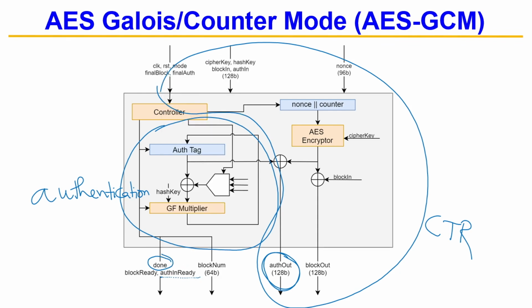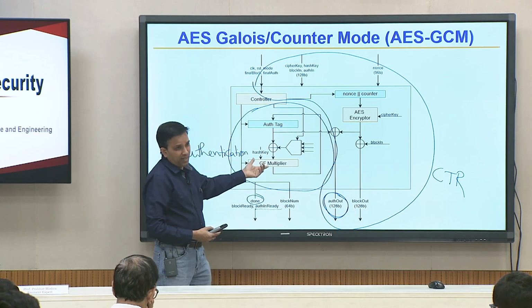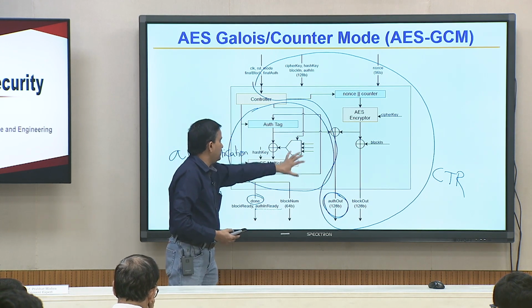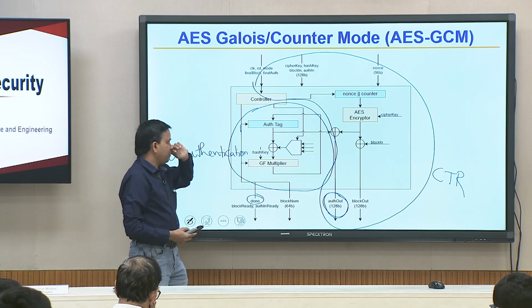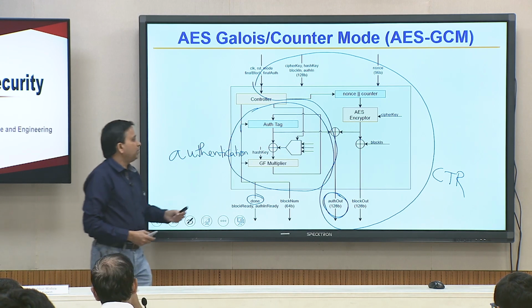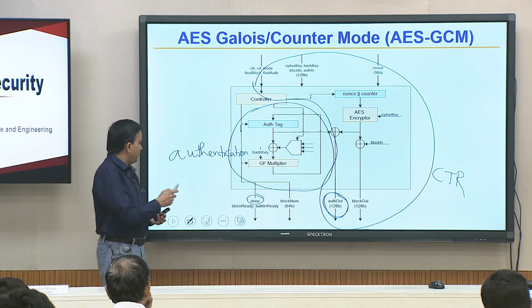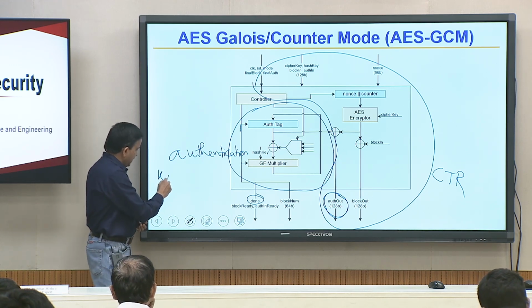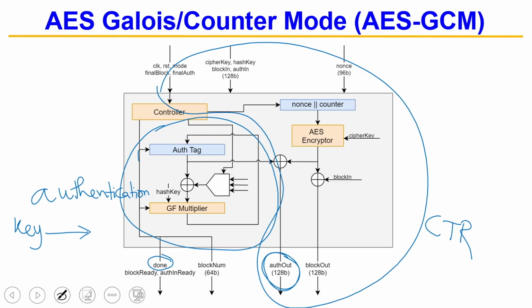Any questions on, or at least the incremental part of the story? This is basically using a Galois field multiplier, and because it is doing authentication, it needs a hash key. I did not talk about hashing yet, but think of this as similar to hashing. What is happening in the authentication? Exactly the way any authentication works, you get a message and you map it to a key.